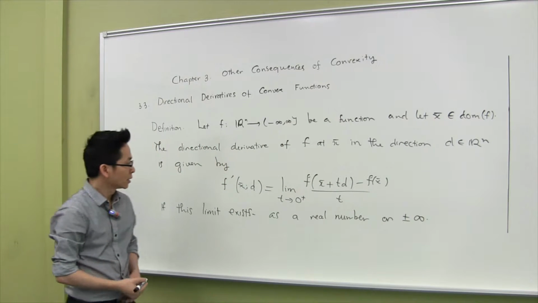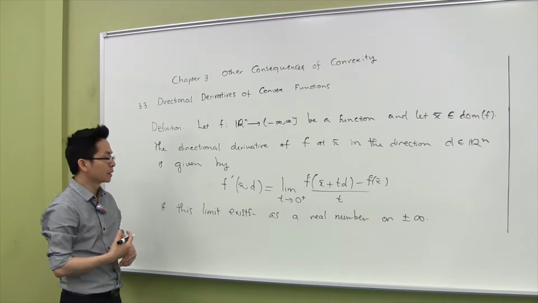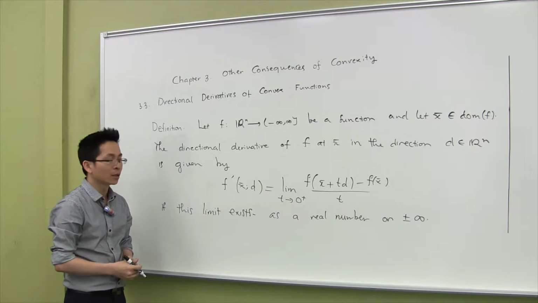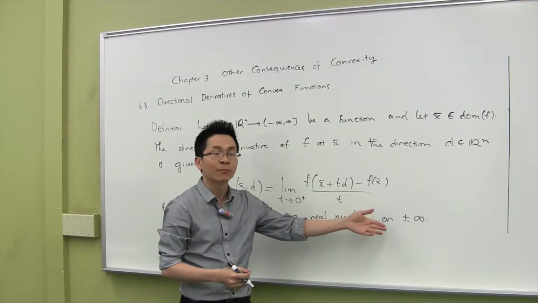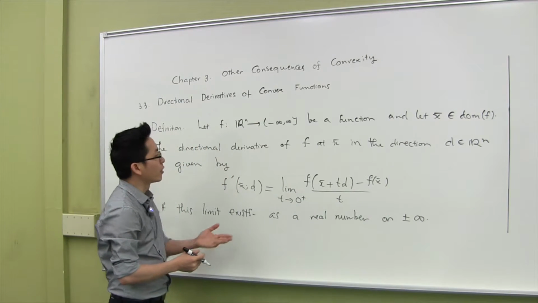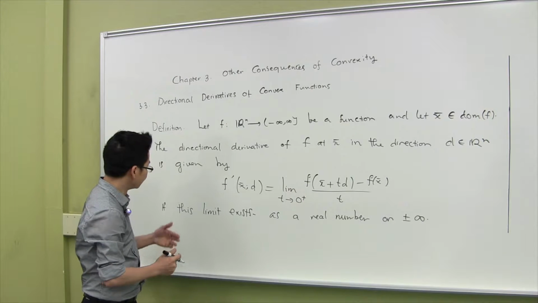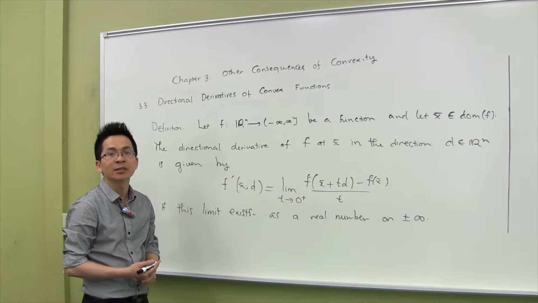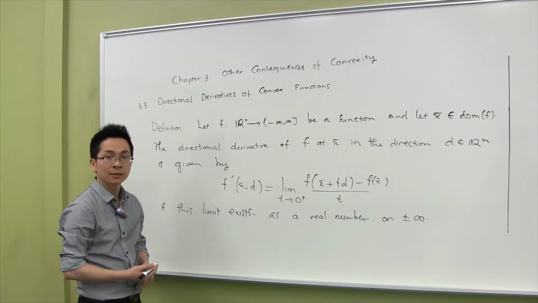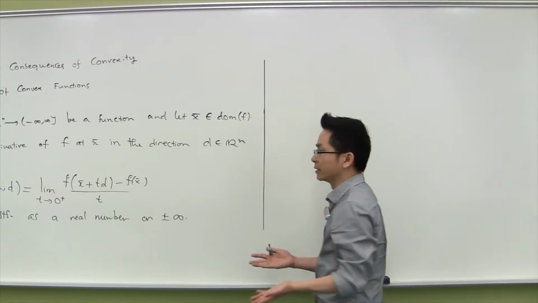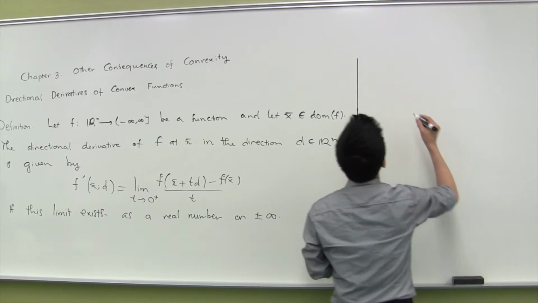Okay, so later on we're gonna see some examples where the directional derivative could be plus or minus infinity, and we will show that for a convex function the directional derivative at x bar in the direction d always exists.